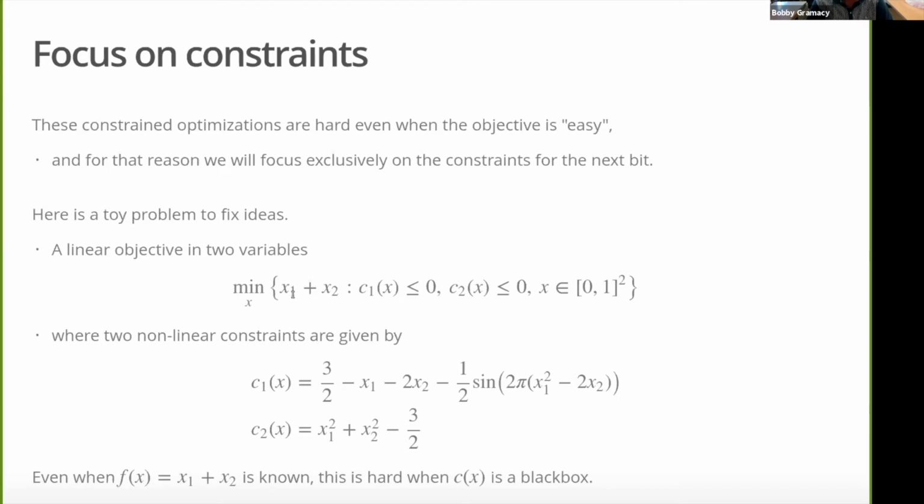I worked on a problem that's exactly like this, and we talk about it in the book, where there was a remediation exercise. There were some contaminants underground, and they were going to build wells and pump water into the system in order to diffuse the contaminants. And they knew that if they pumped more water through the wells, that would help more.